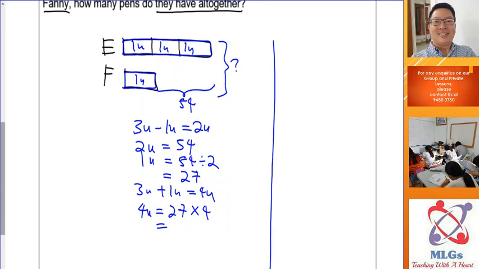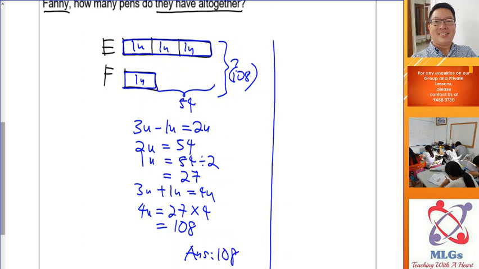We are going to do faster. So I'm going to use my calculator. 27 times 4, and you will get 108 pens altogether. Whatever answer you have found, you add on to the model. And there you go. That's how you solve the problem using multiplication model.